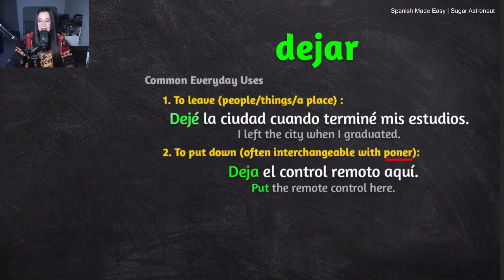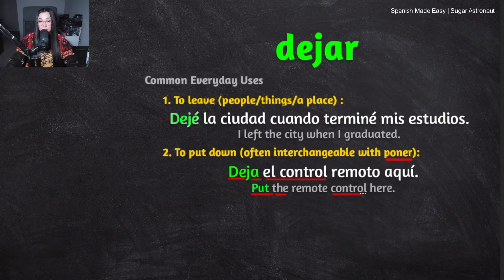Okay, so let's break this down. Let's see how this sentence works. Deja, tú deja, that's a command. Okay, tú deja, you don't need to say tú when saying a command. And deja means put. El control, el means the.